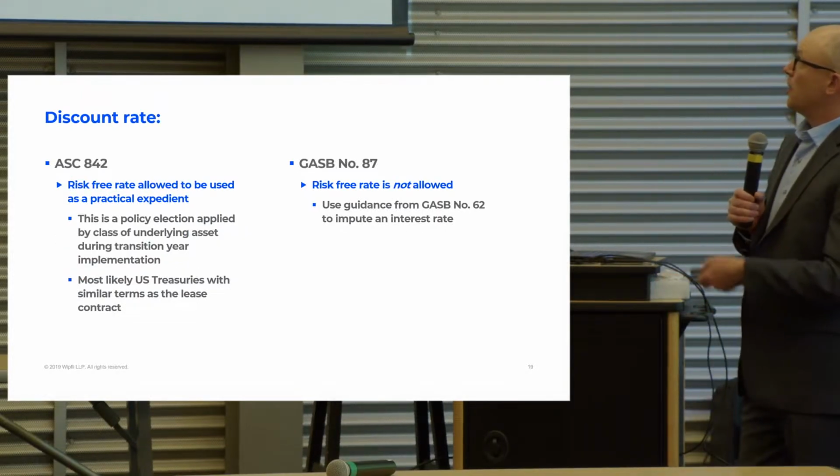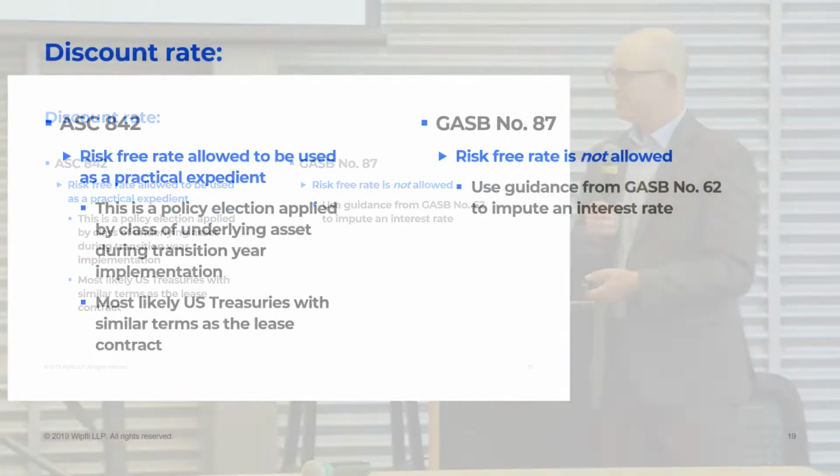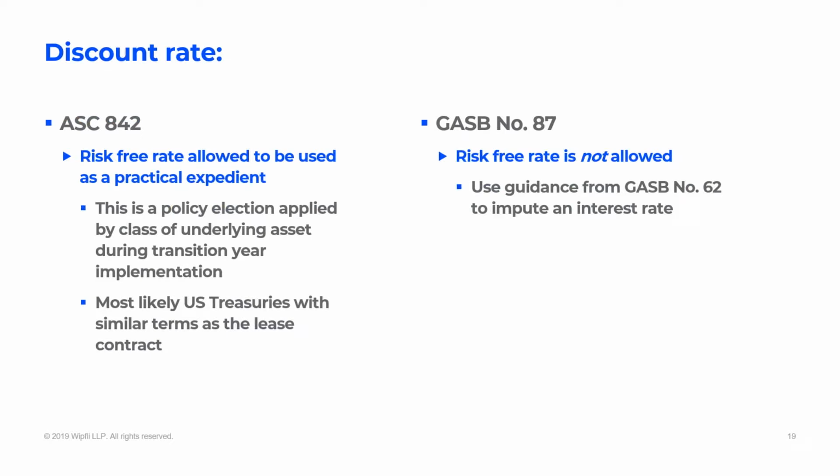The discount rate, we talked a little bit about under ASC 842. You're allowed to use the risk-free rate as a practical expedient, which in most cases is going to be a U.S. Treasuries rate. Under GASB 87, GASB concluded that the risk-free rate is not allowed. The board deliberated on this, and decided that leases are not risk-free transactions, so it wouldn't be appropriate to use a risk-free rate.